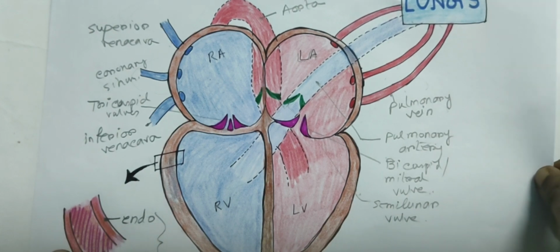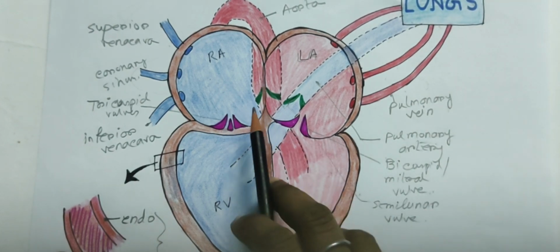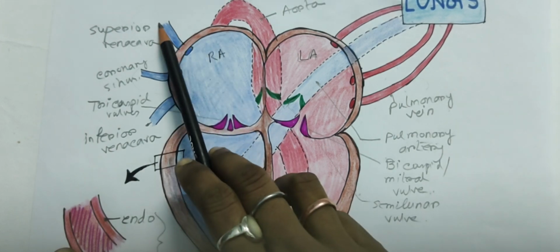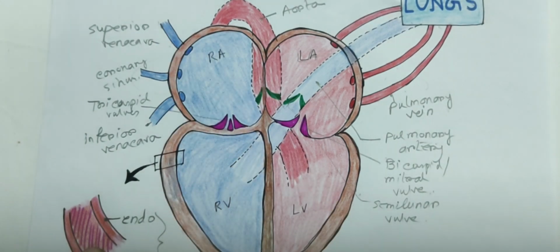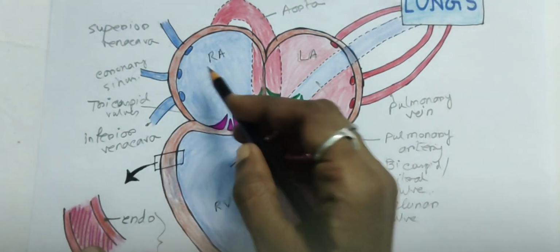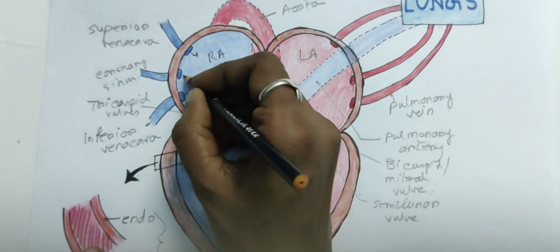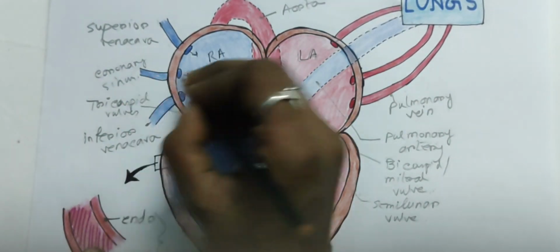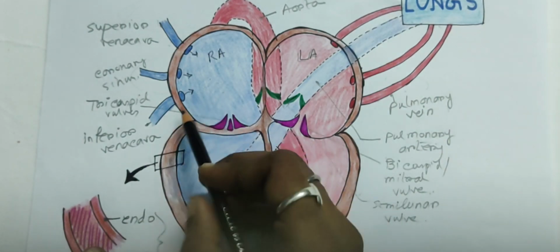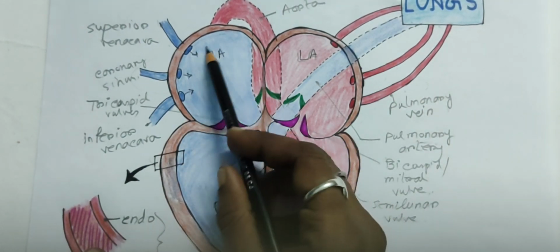And now look at how circulation works. Deoxygenated blood comes from the superior vena cava, the inferior vena cava, and the coronary sinus, and comes into the right auricle.